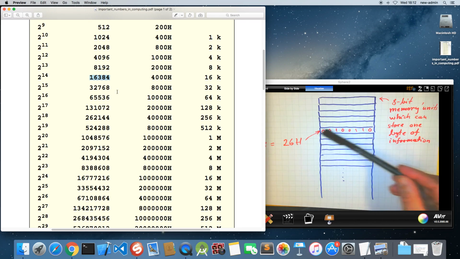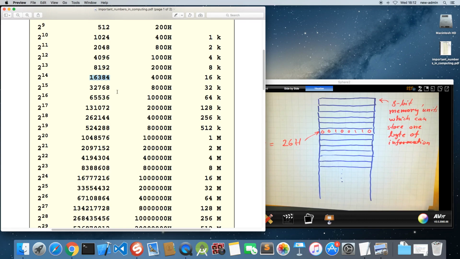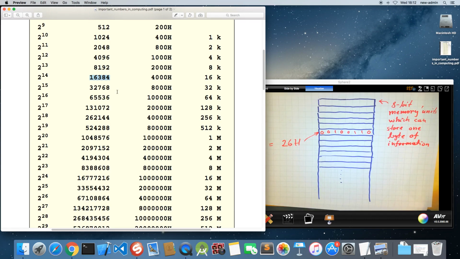Because we have so many of these memory cells inside the computer where we can store information, we can actually do quite amazing things with computers. And this is just a memory amount of an old computer, so it is quite small.